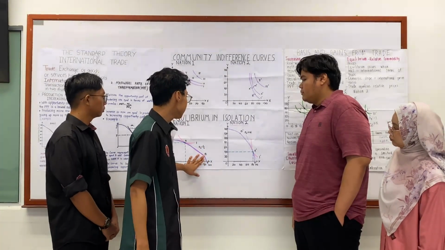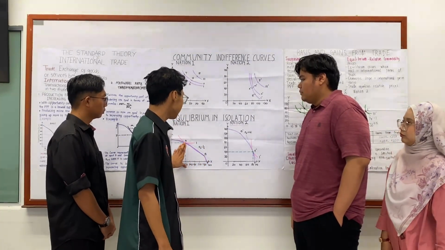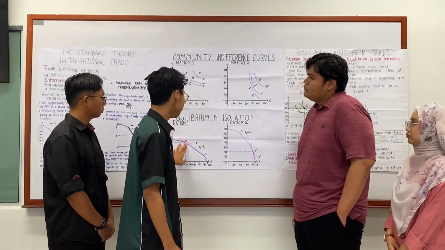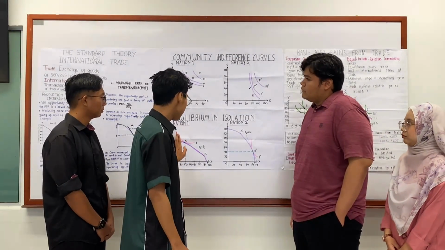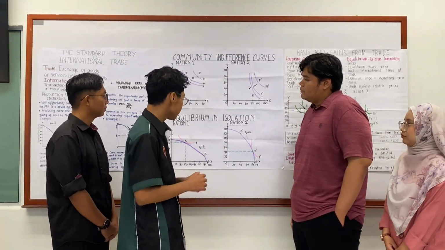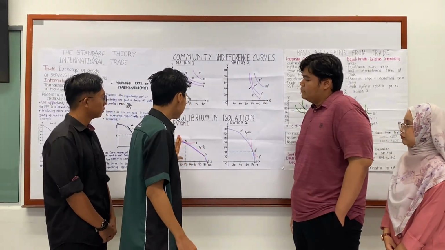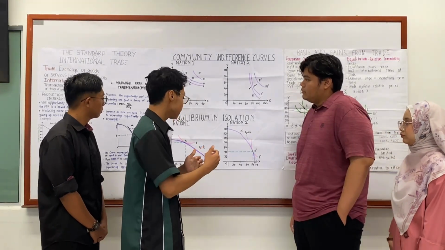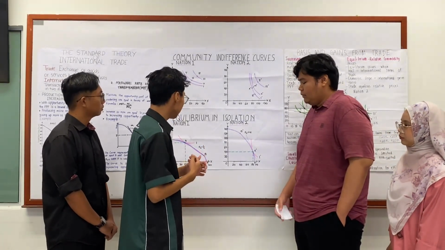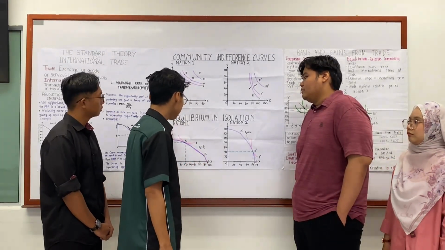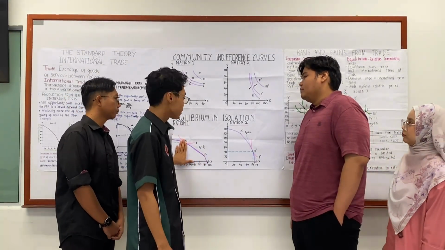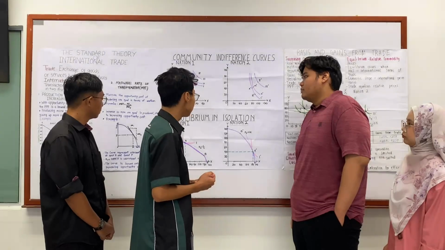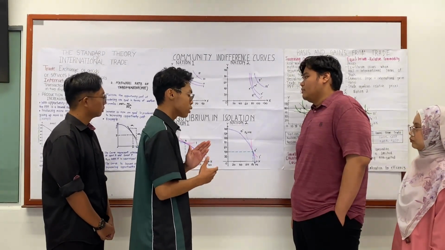So if they are in isolation equilibrium at point A, it has around 50 goods X and 60 goods Y. So it shows that their goods X is reducing to 50, but they get the goods Y from 20 to 60. So they make 1X equal to 1/4Y if they are in isolation mode.